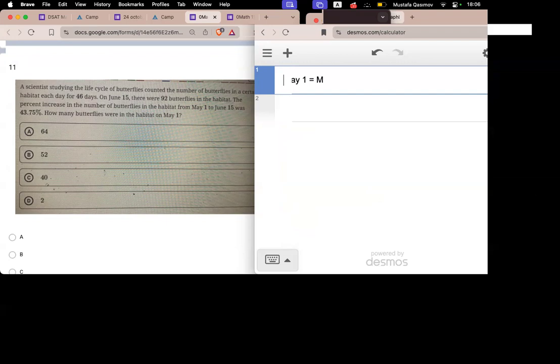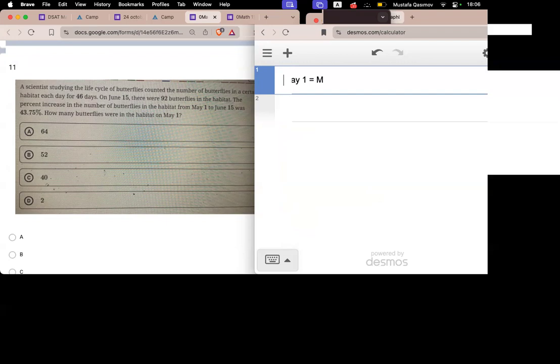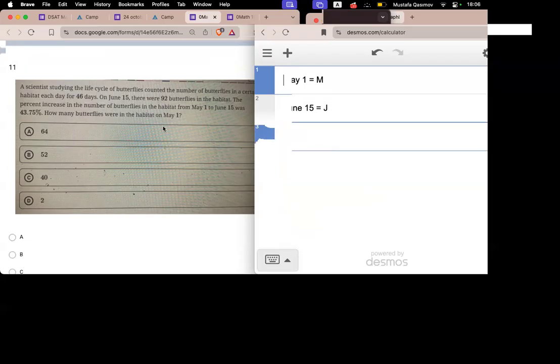And June 15 is equal to J. From here we can say it like that. M multiplied by 1.4375 is equal to J.